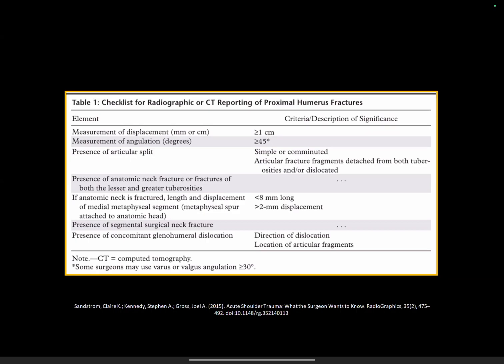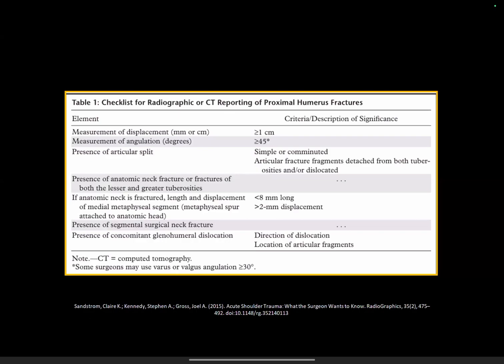Number four, if there was an anatomical neck fracture, then length and displacement have to be measured. Remember the rule of 8 millimeters. If it was less than 8 millimeters from the articular surface, or if it was displaced more than 2 millimeters, then you're dealing with a case of high likelihood of avascular necrosis. And last but not least, the presence of concomitant glenohumeral dislocation.